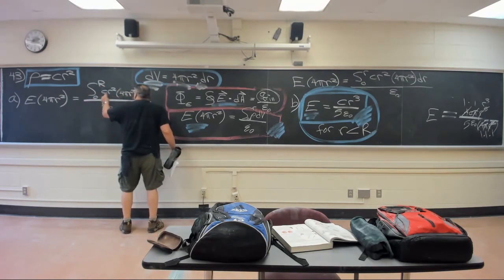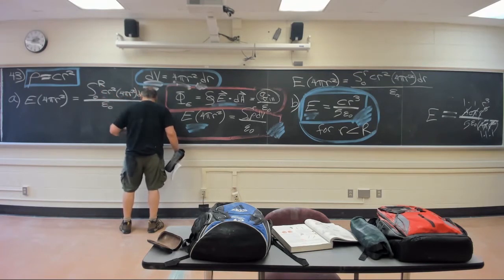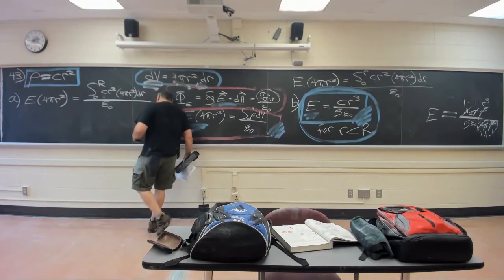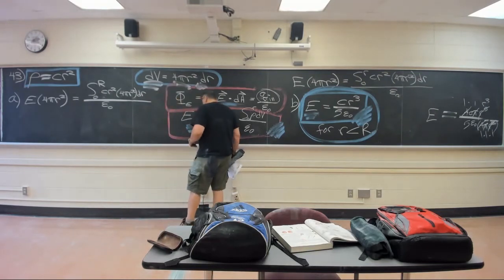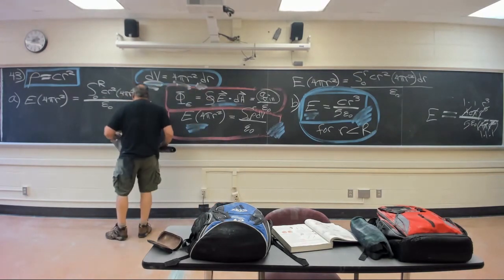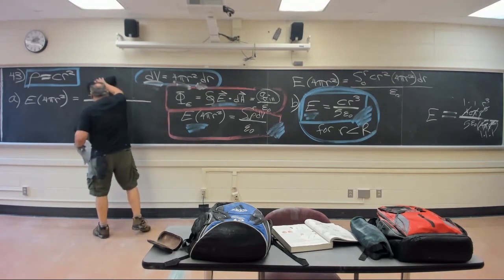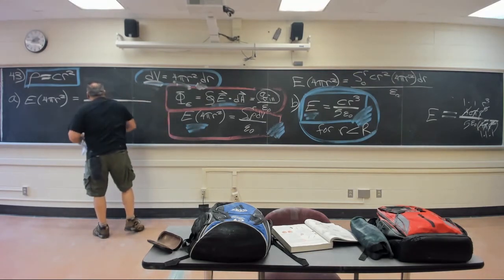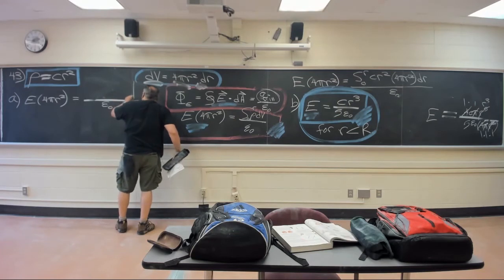4 pi and C are constants. R squared times R squared is R to the fourth. You're integrating R to the fourth with respect to R. The integral of R to the fourth dR is going to be 1/5 R to the fifth, and all the other monkey business stays where it's at. Now be careful. You're going to evaluate that between here and here.